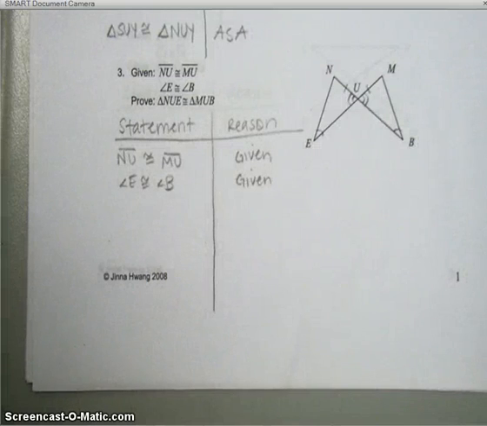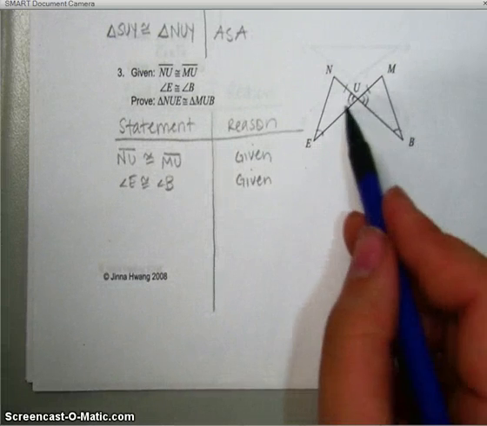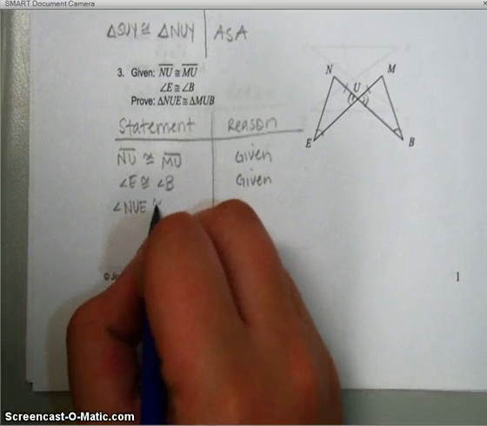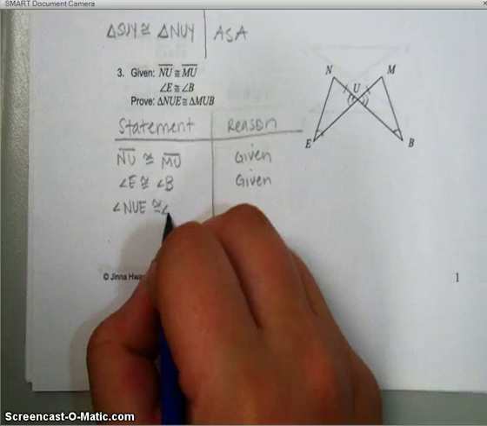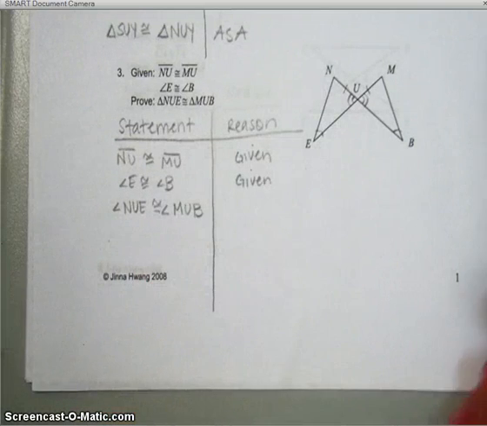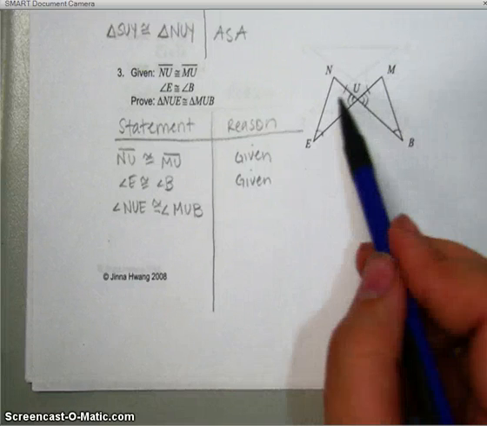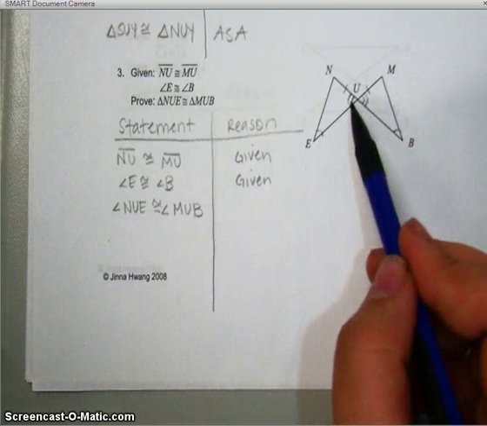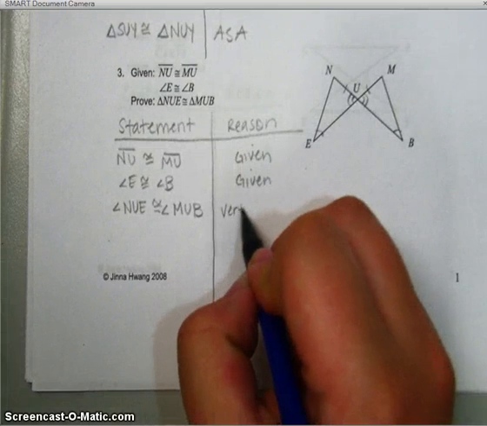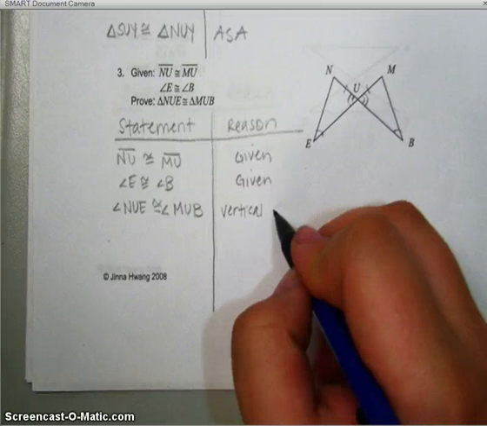That's a given. And then we said that angle NUE is congruent to angle MUB. And now remember, that's not from the definition of vertical angles. That's a definition, it's just angles that are non-adjacent. But it's from the vertical angles theorem that we know that they are congruent.